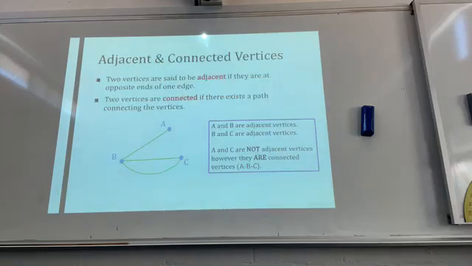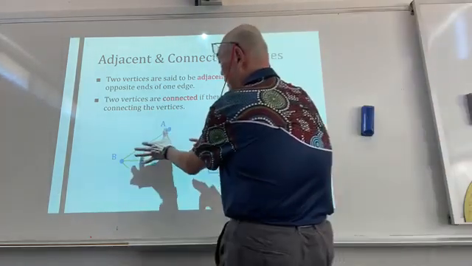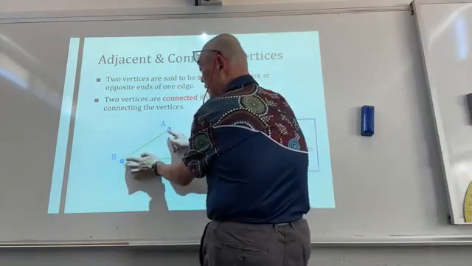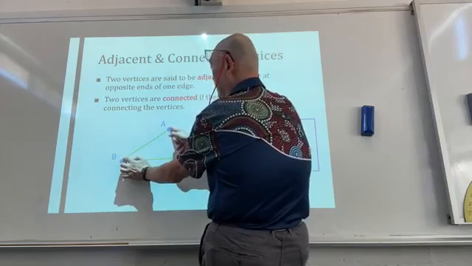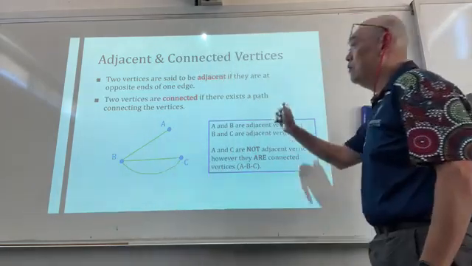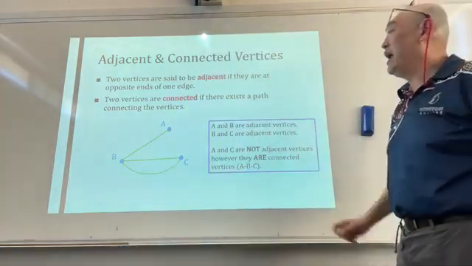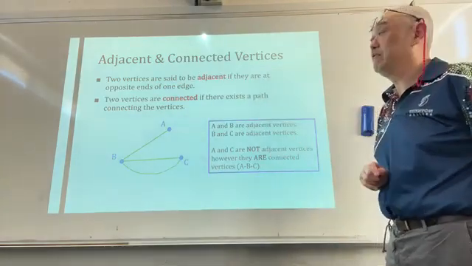All right, let's start off with adjacent and connected vertices. 2 vertices are said to be adjacent if they are opposite ends of the edge. So you can see that in one edge, the opposite ends are A and B. So they are called adjacent. 2 vertices are connected if there exists a path connecting the vertices.